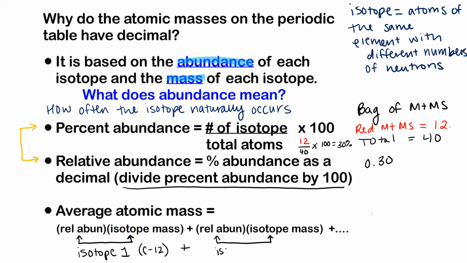So this would be in relation to our second isotope, maybe for example carbon-13. And we would do this over and over again based off of how many isotopes we have. When we add all of those values up, we end up with the average atomic mass. So the two big things we're going to need to calculate the average atomic mass are the relative abundance of an isotope as well as the mass of an individual isotope.